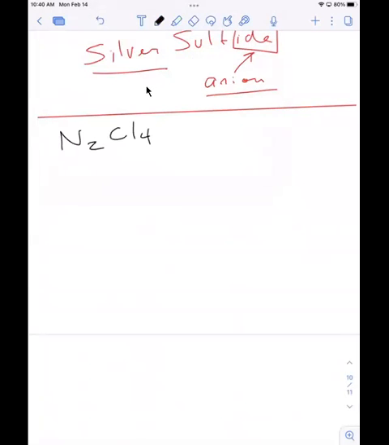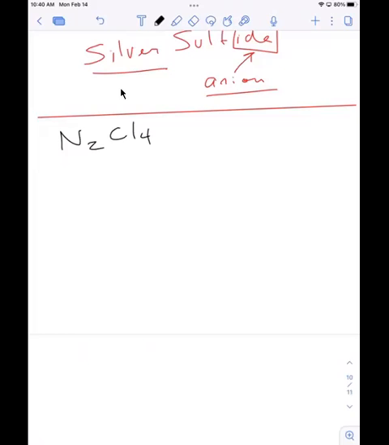If you find the metalloids on the periodic table, anything to the right of those metalloids is a non-metal. What was the question? I'm sorry.